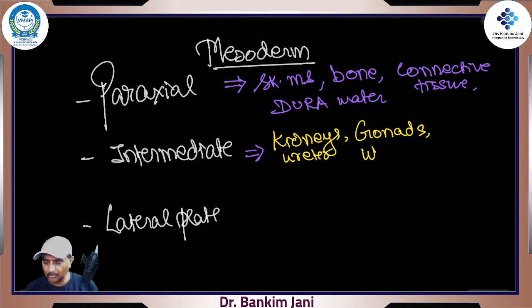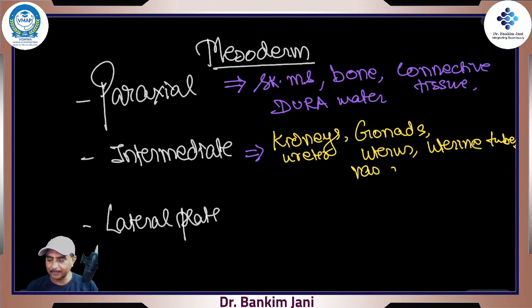So uterus, uterine tubes, that is fallopian tubes. Then in case of males, vas deferens, epididymis, everything. All those things are formed by intermediate.